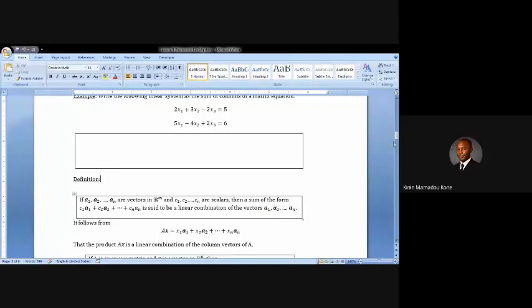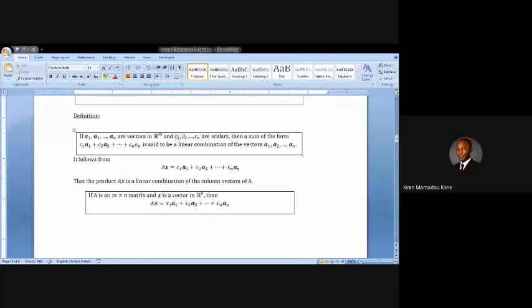What we just did in the previous example was what we call a linear combination. When you write x1 multiplied by a column vector plus x sub 2 times another column vector, that combination of column vectors is what we call a linear combination.